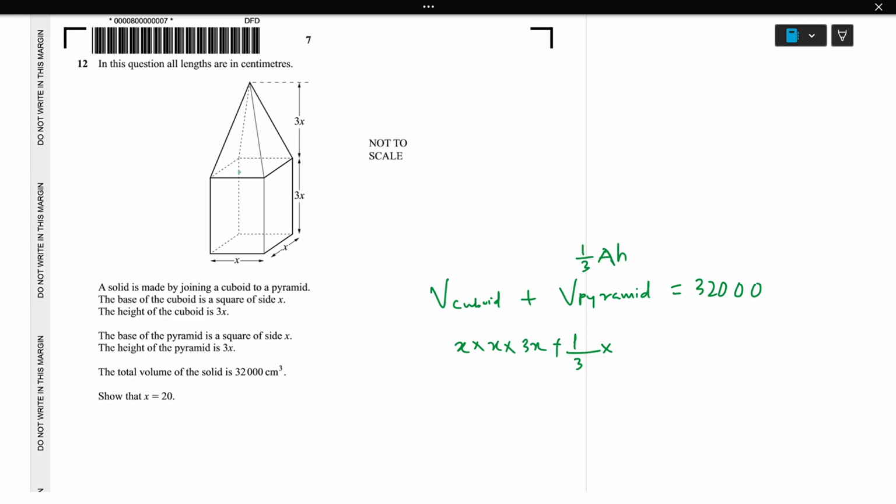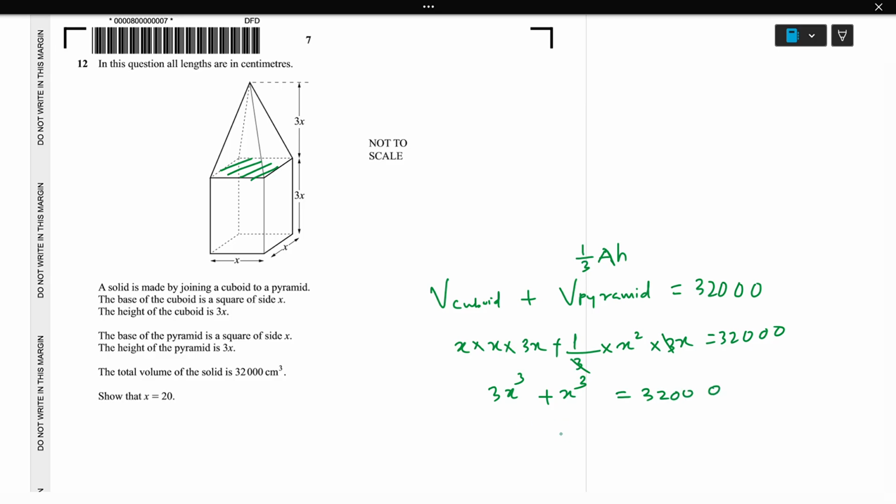So the base area is x square, times the height 3x, equal to 32000. So the first part is 3x cube, plus here this 3 got cancelled, so you get only x cube, equal to 32000.